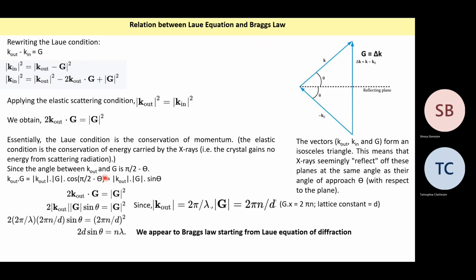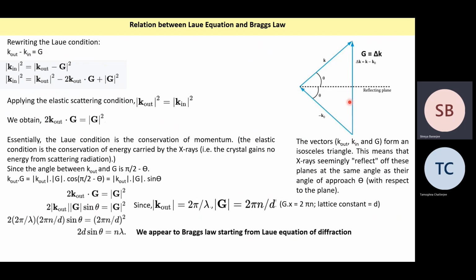Now, here the vectors are clearly shown. K0 is the incident beam, K is the diffracted beam, and delta K, or G, is the difference between the incident and the diffracted beam, which is this arrow.